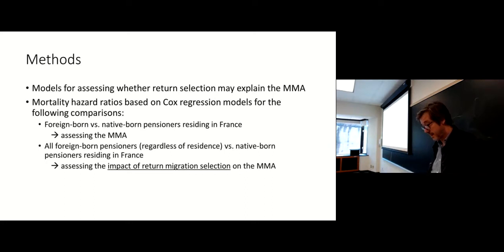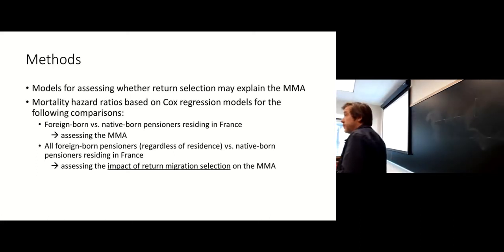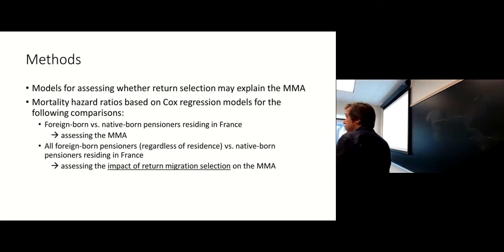To clarify, do you only look at those who return to their home country, or do you look at those who go to another country? That's a very good question. From the standpoint of bias, it doesn't matter where they go. If they leave the country, they're lost to follow-up, and that can affect what you observe in the host country, regardless of where they go. But the theory is more about returning to the country of origin, those mechanisms that we talked about.